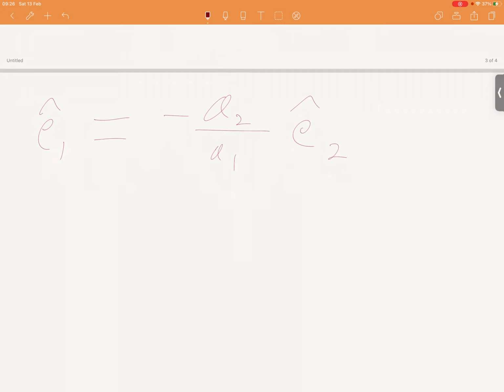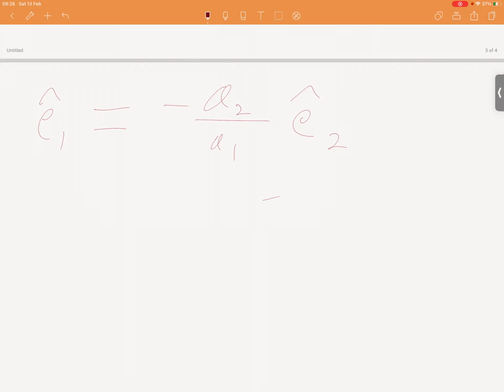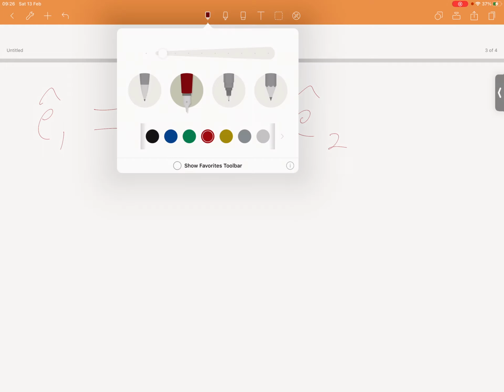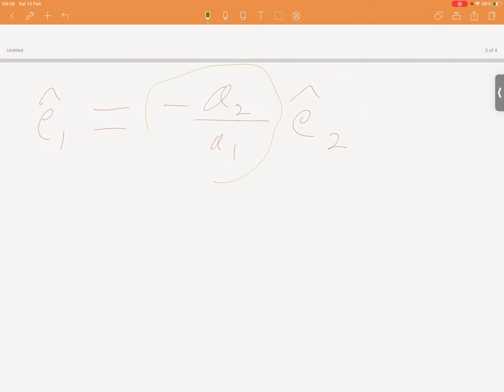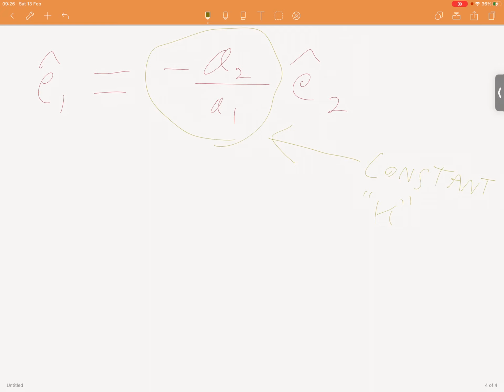Let's change color. Let's call this another constant. It's a constant, right? Let's call it k. Okay? So e1 hat equals k e2 hat.